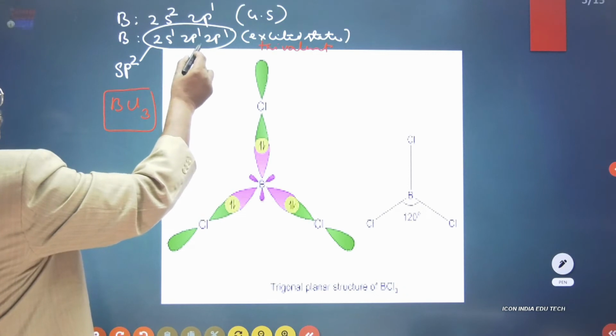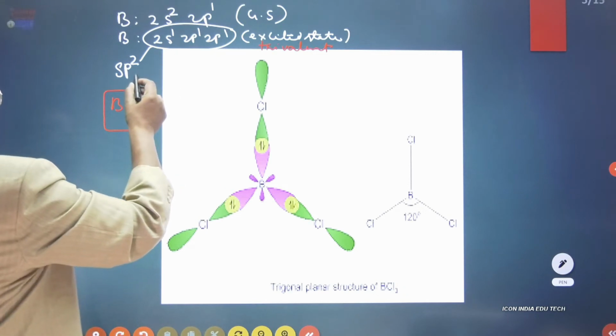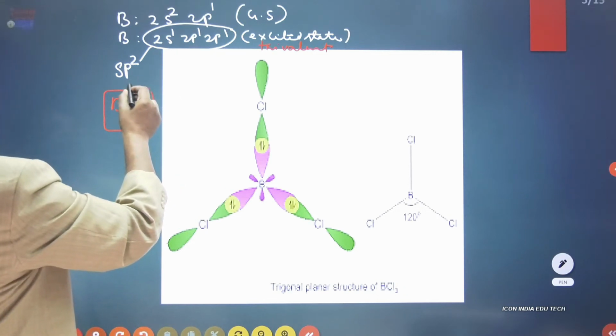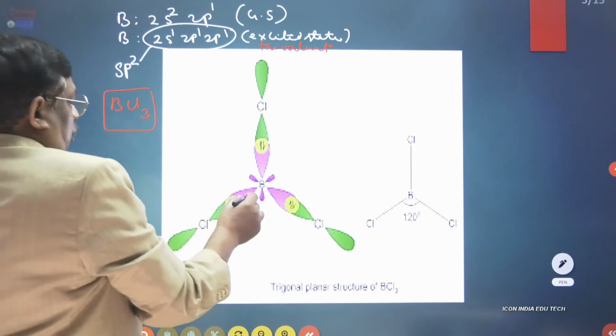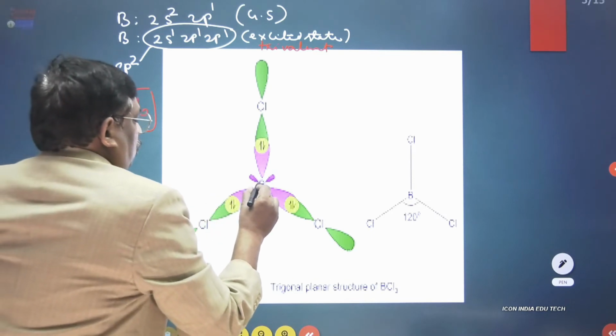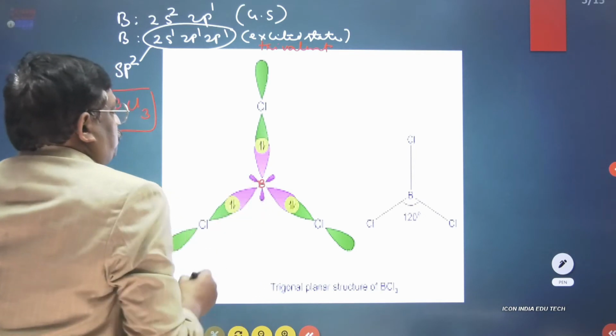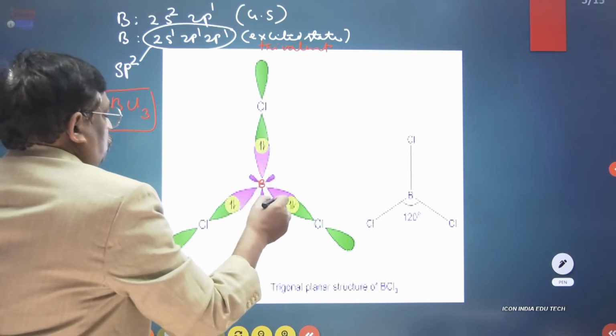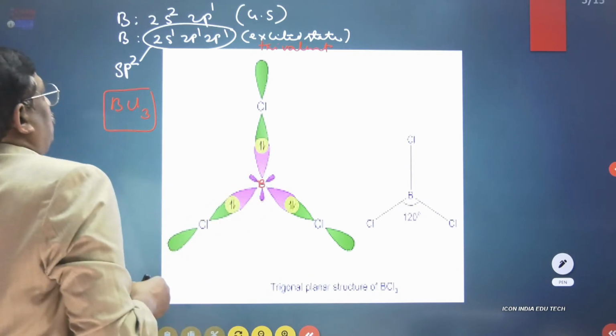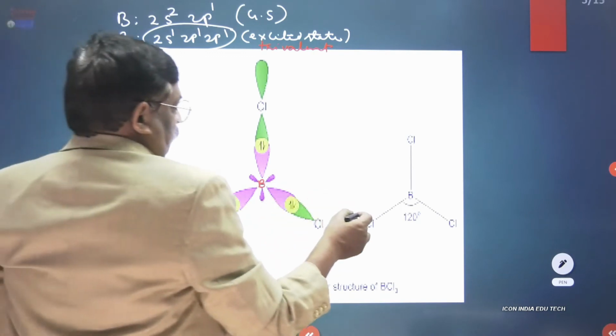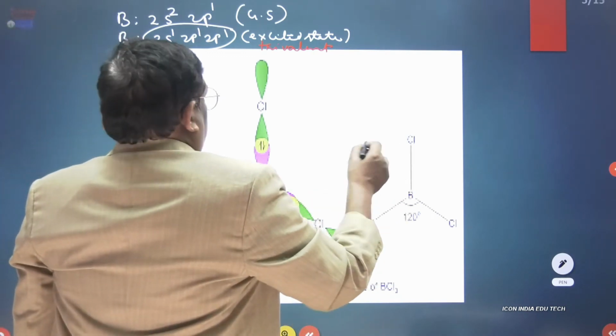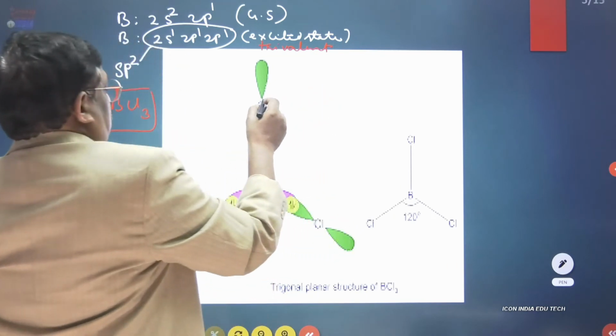In the excited state, boron has 2s1, 2px1, 2py1, 3 unpaired electrons here, trivalent. All these 2s, 2p, 2p, 3 orbitals undergo hybridization, forming 3 sp2 hybrid orbitals. So boron undergoes sp2 hybridization, 1, 2, 3, shown in pink, and chlorine's half-filled p orbitals overlap.